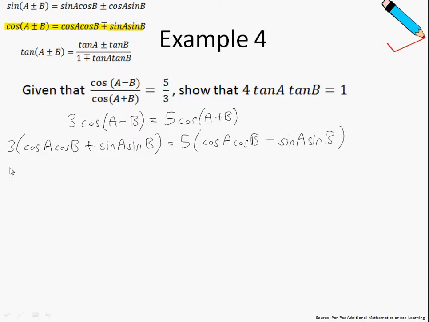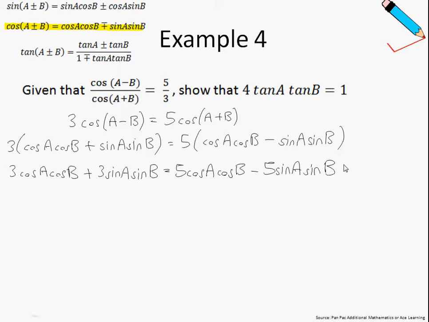I'll have 3 cosine A cosine B plus 3 sine A sine B equals 5 cosine A cosine B minus 5 sine A sine B. If I shift all the terms that contain sine A sine B to one side of the equation, and all the terms that contain cosine A cosine B to the other side, what will I have? Let me switch this around.